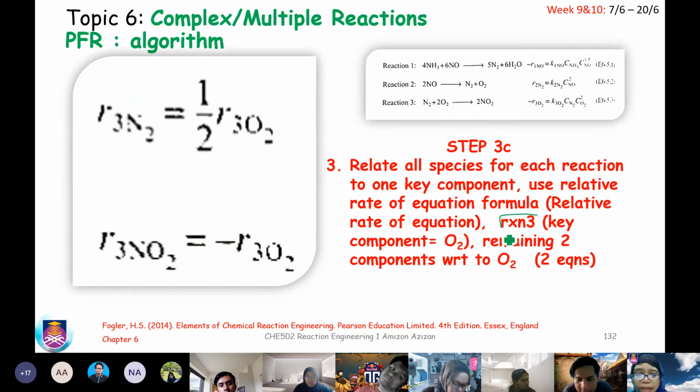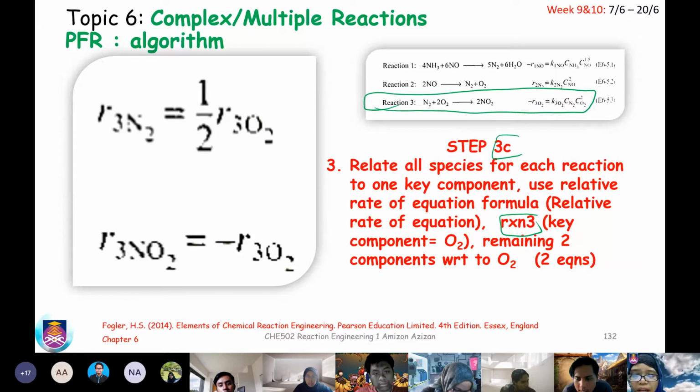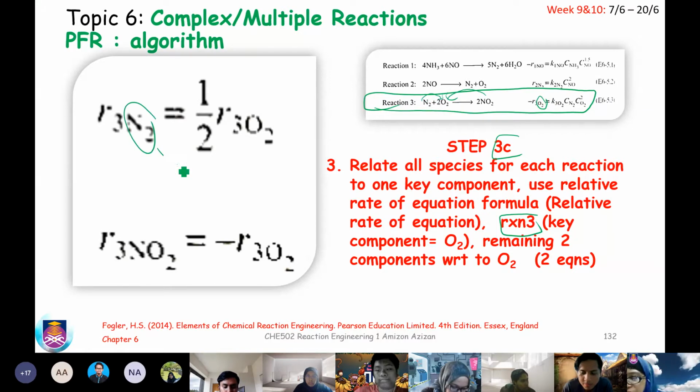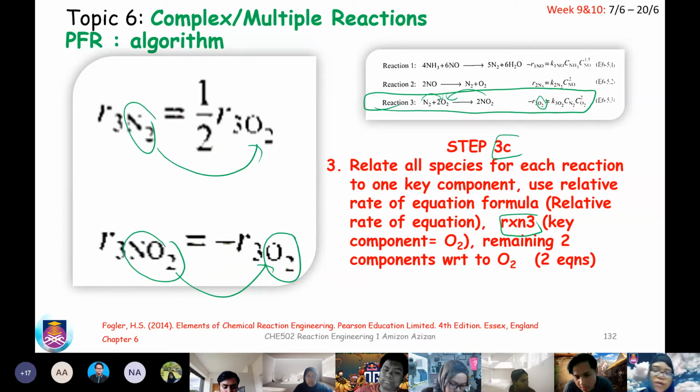Next one, reaction number 3, step 3C. The key component is oxygen. So nitrogen to oxygen, nitrogen dioxide to oxygen. Simply use the relative rate equation.